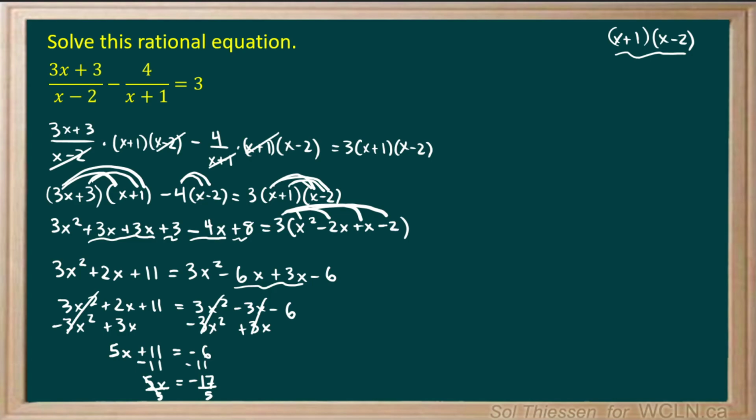Now, to make sure that this is a solution, we're going to substitute this value in for x in our original equation. So we'll have 3 times negative 17 over 5 plus 3 over negative 17 over 5 minus 2, minus 4 over negative 17 over 5 plus 1 equals 3.